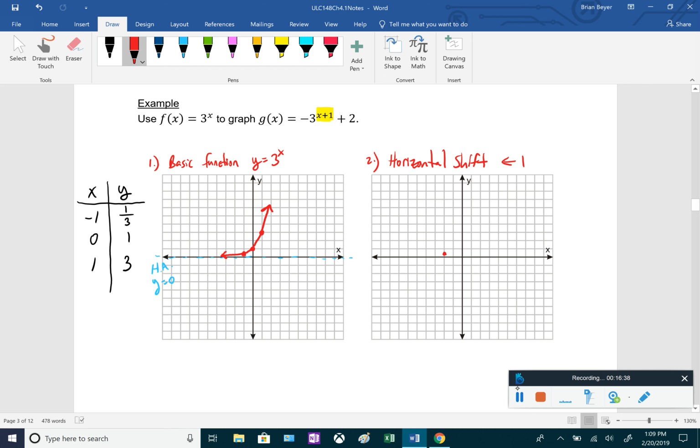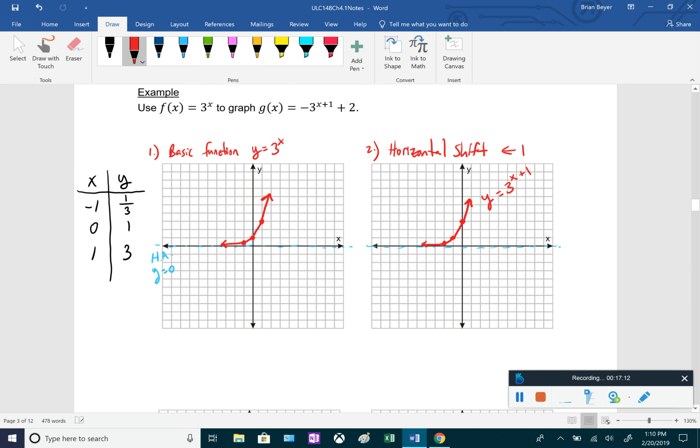It's going to look something like this. And you draw that back in, and we get that. There's still a horizontal asymptote at y equals 0. So we just moved the whole thing to the left 1 unit, easy enough. I'm going to label this. This graph that we just drew is 3 to the x plus 1.